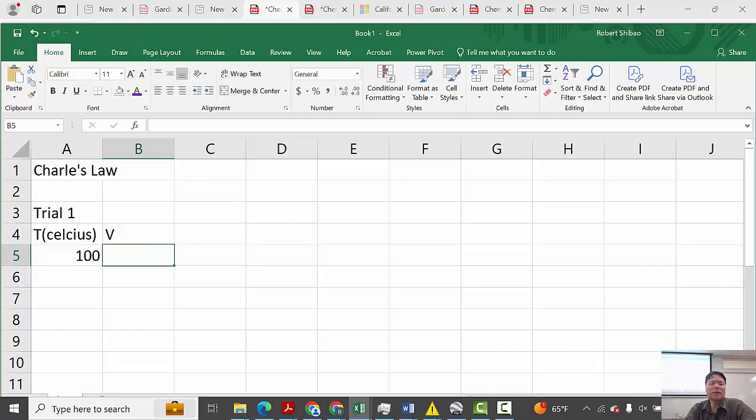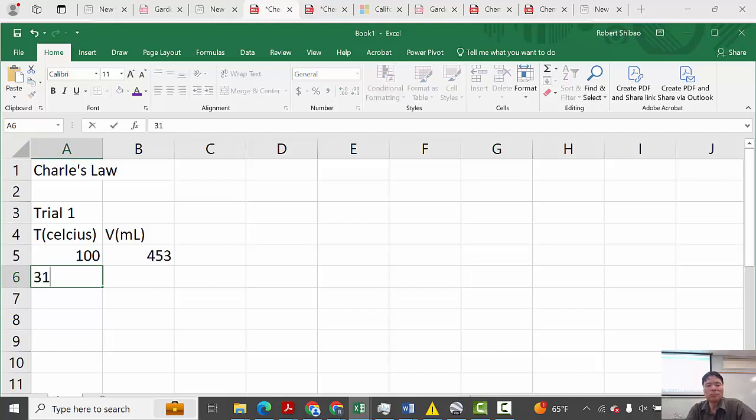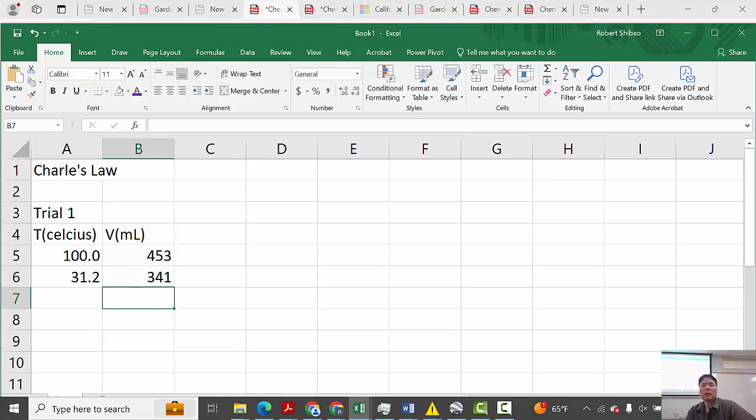So we had like 100, and the volume was, let's say, 453. The volume is in milliliters, so I should put that in here. We're going to go through it together, and then we cooled it down to, let's say, about 31. Actually, we need more decimal places. We'll go 31.2. And let's say the volume shrank to 341 milliliters.